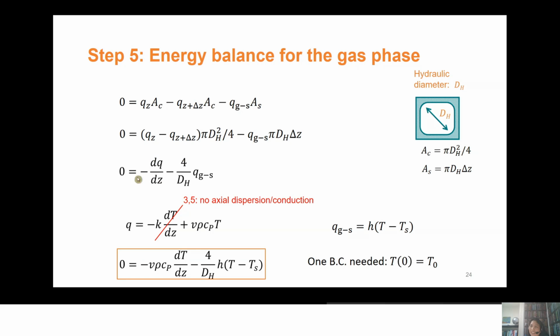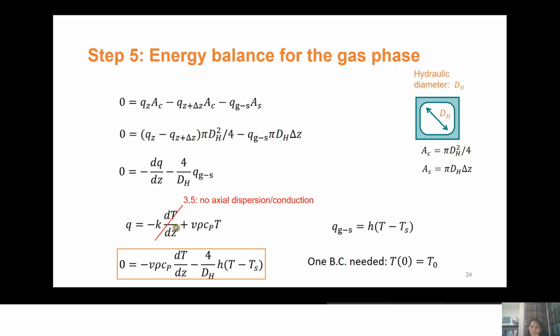Okay, and then we're not done yet because we want the temperature profile. Okay, and Q depends on the temperature, so we need to define this in terms of the temperature. So this is the heat flux in the axial direction. Yeah, so this heat flux is due to conduction dispersion.